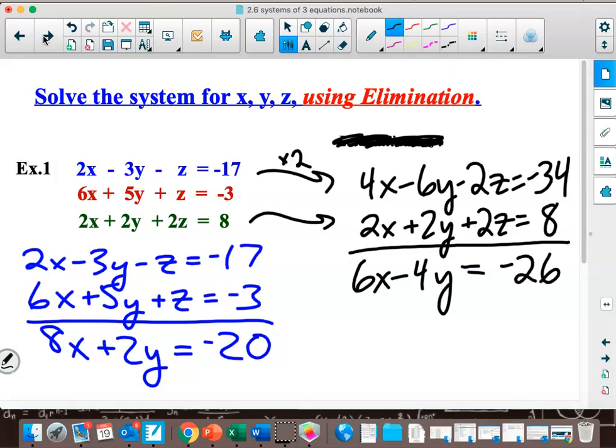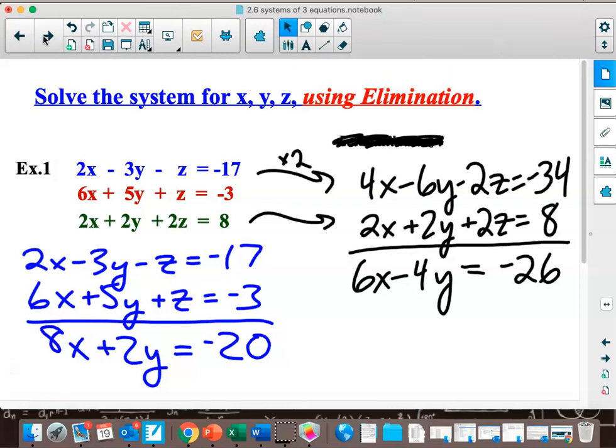Okay. All right. Are we all together? So we picked 2 equations, eliminated the z's. Picked 2 different equations and eliminated the z's again. We all good? Sophia, you good? Okay.